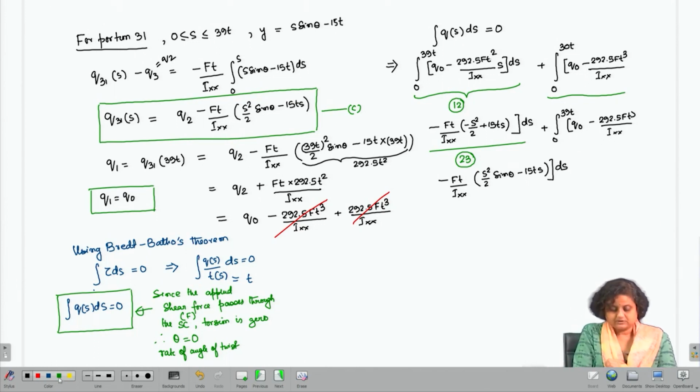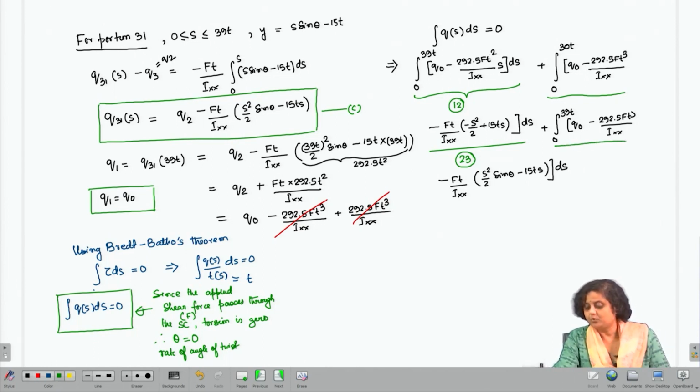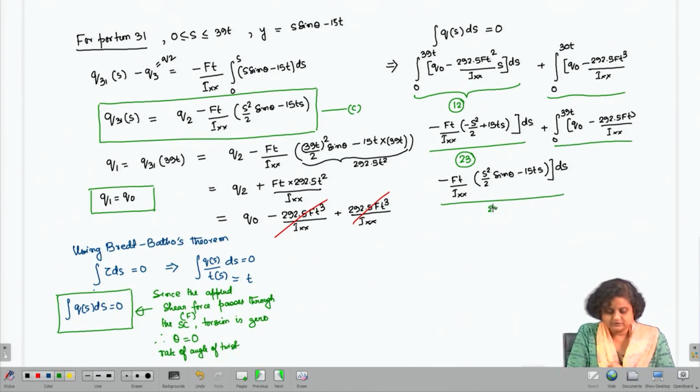So this part is for portion 3, 1, and that has to be equal to 0.